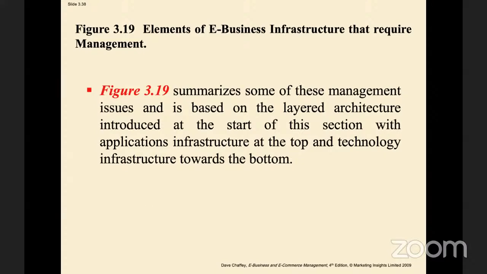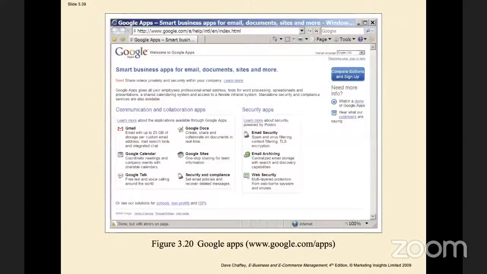Now, figure 3.19, elements of e-business infrastructure that require management. Figure 3.19 summarizes some of these management issues and is based on the layered architecture introduced at the start of this section, with applications infrastructure at the top and technology infrastructure towards the bottom. So here we can see smart business apps for emails, document sites, and much more.